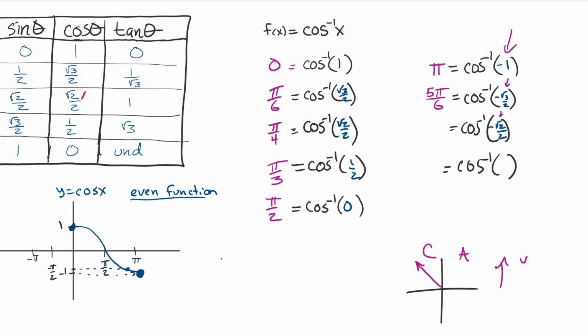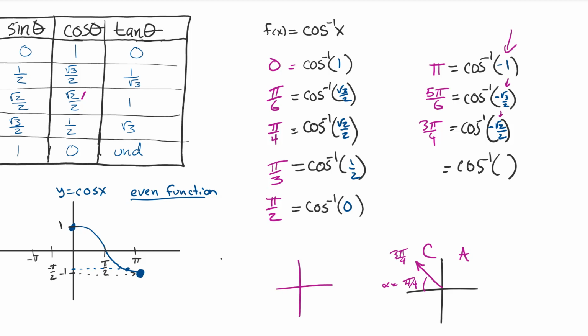Never mind, I'm confusing myself. Just keep watching the pattern. So your answer here is going to be 3 pi over 4, because your reference angle is pi over 4. What has a reference angle of pi over 4? 3 pi over 4.